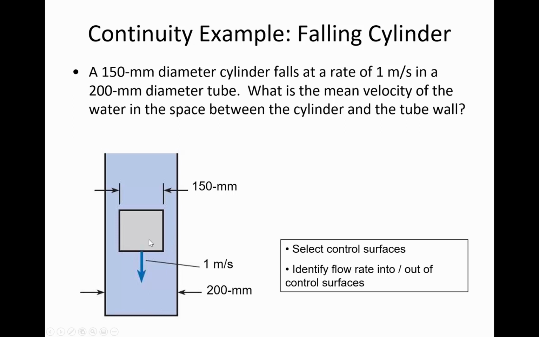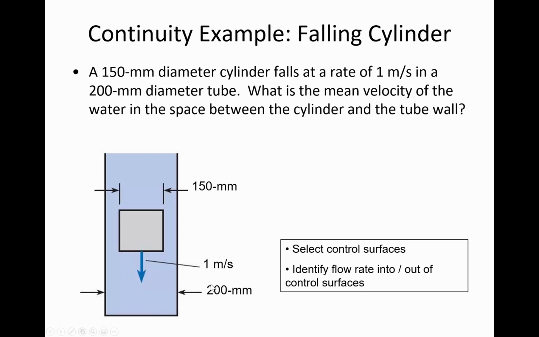So we can use this control surface and control volume approach by drawing a control surface and saying, let's keep track of the flow in and the flow out through the control surfaces. And so the cylinder, as it's falling down into the control surface that we draw, is going to be pushing water out through the other control surface.